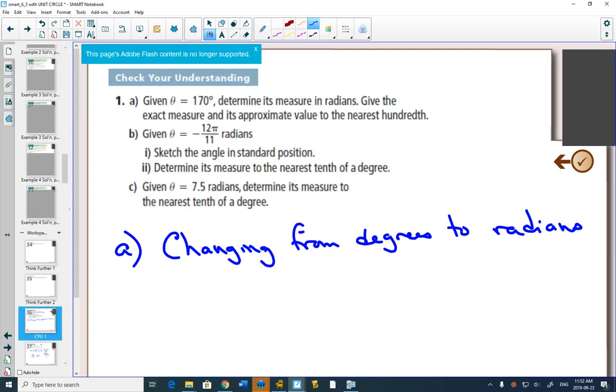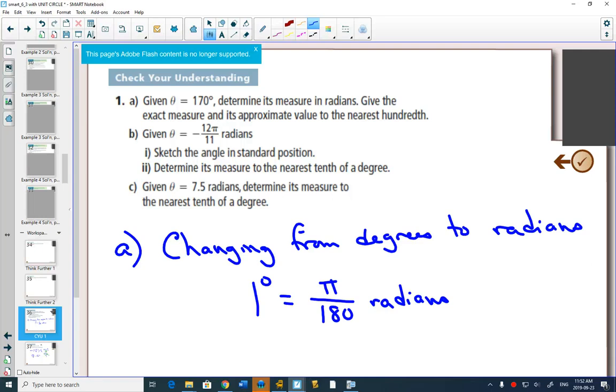Some of you are going to be able to just use the fact that you know that 1 degree is equal to pi over 180 radians. Some of you will have that memorized. Others of you will go, I don't want to memorize that, I just want to figure it out. It doesn't take me very long.